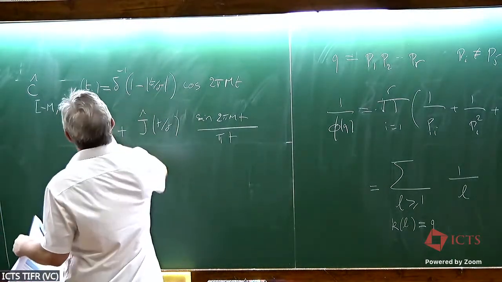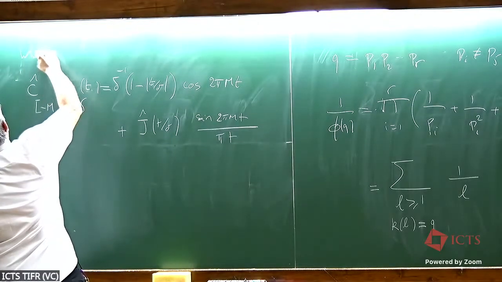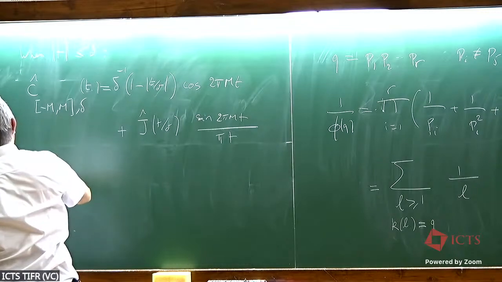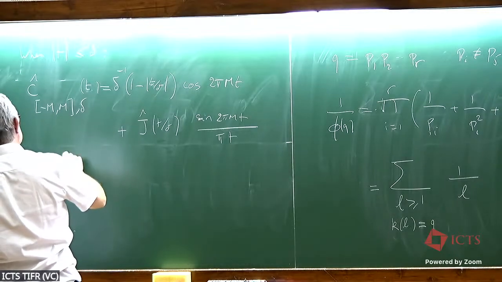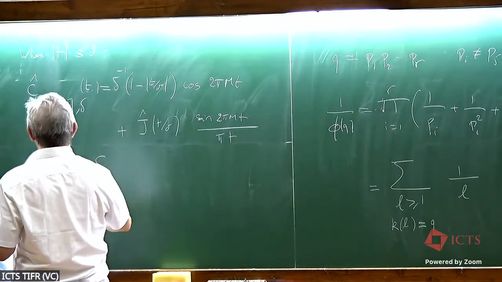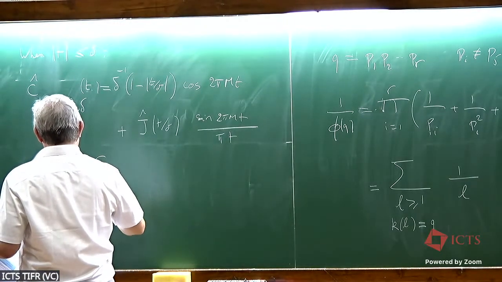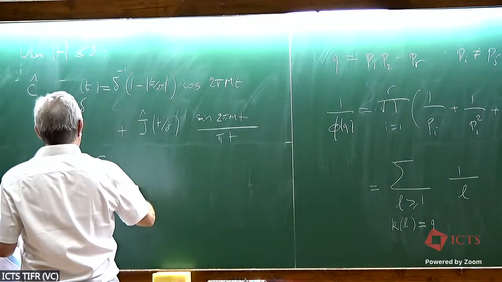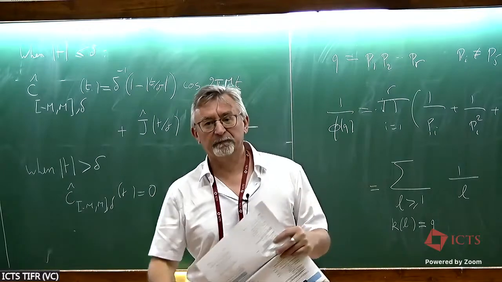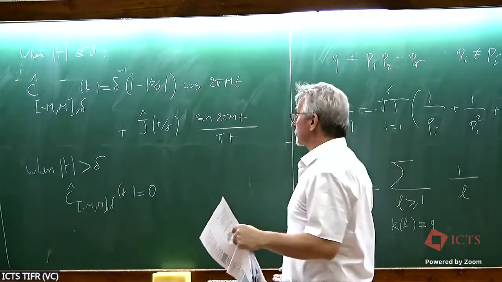That's true. So when t is less than delta, and when t is larger than delta, this Fourier transform vanishes. That's a miracle.